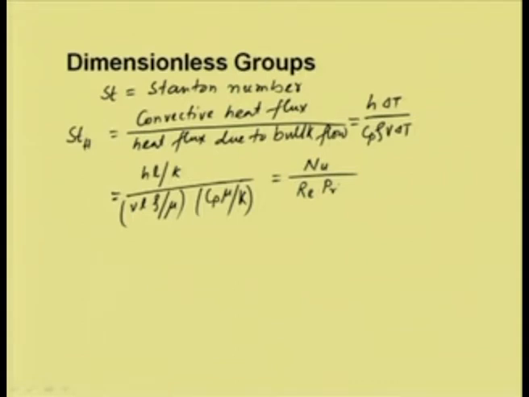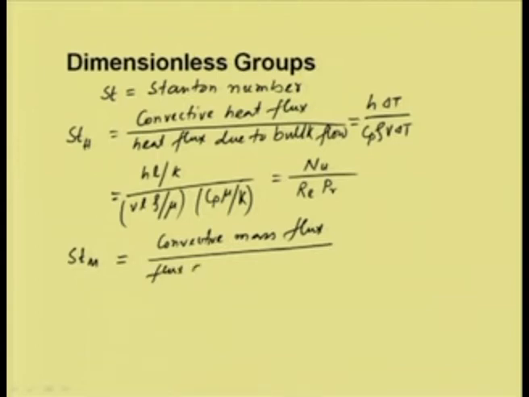The analogous number for mass transfer is the Stanton number for mass transfer. We can define it as the convective mass flux divided by the flux due to bulk flow of the medium.